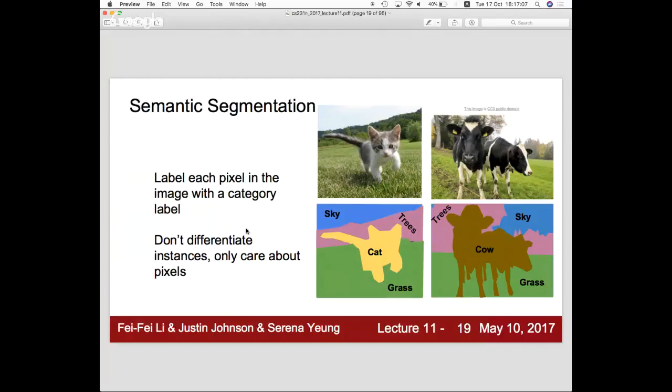One more thing I need to highlight is that we just need to find out what kind of thing each area is. We do not say how many objects there are. For instance, we have two cows here, but in this problem we just recognize that this area is cow. We do not say there are two cows. This is the problem we want to solve.